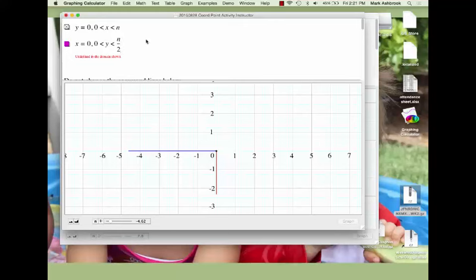That's saying graph all points with x values greater than 0 and less than n. So if n is negative 4.62, what are all x values greater than 0 and less than n? There aren't any, right? Because x has to be greater than 0.